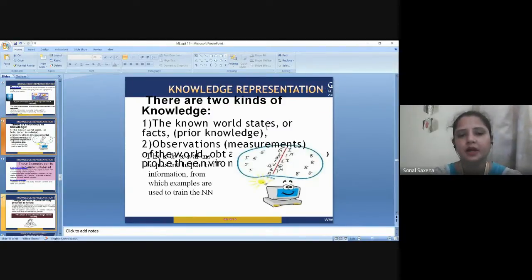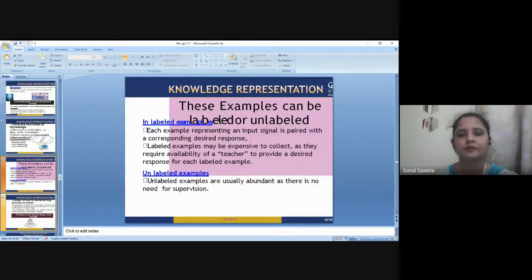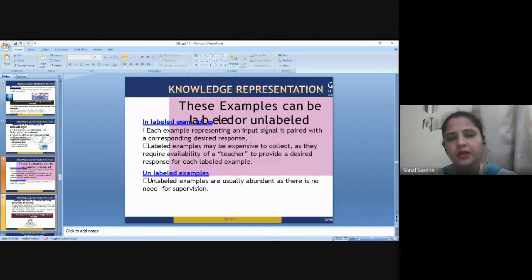Now, there are two kinds of knowledge. The known world states or facts, the prior knowledge that we already have, the facts and figures that we have. And the second one, the observations or the measurements that we make. So these are the two types that we are using. Knowledge representation examples can be labeled and unlabeled.